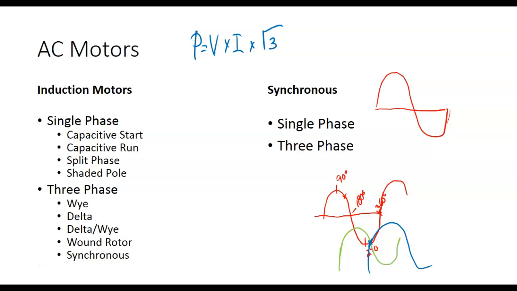So if I'm going to send power over a long distance, or if I'm going to use a lot of power, then three phase is the way to go. If I'm not going to use a lot of power, it costs more to run all that copper, and you'd have to have 3 transformers all over the place. So if I'm not going to use a lot of power, then we use single phase. So your house has what? Single phase.